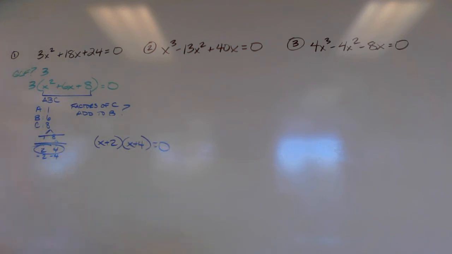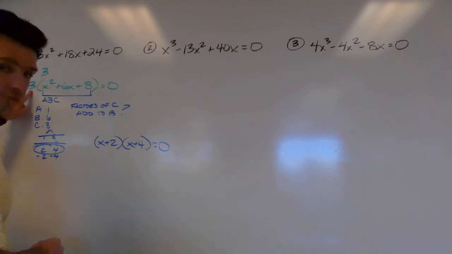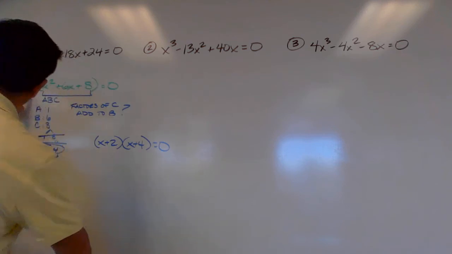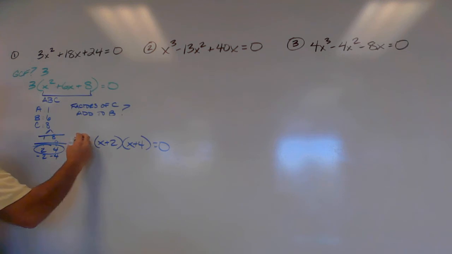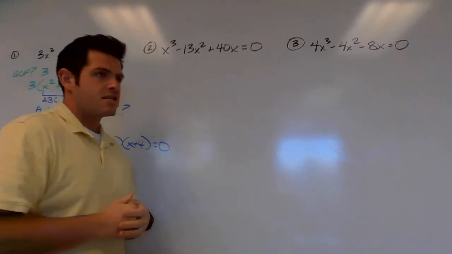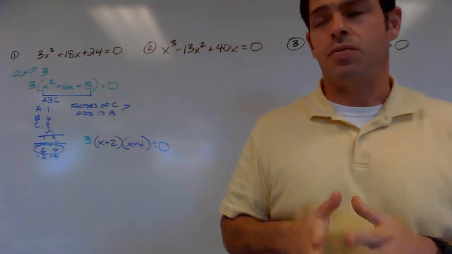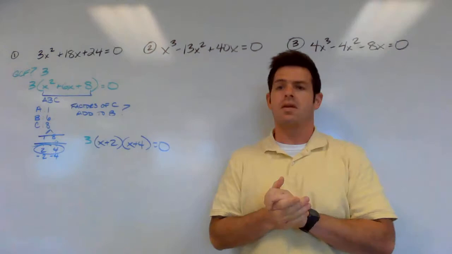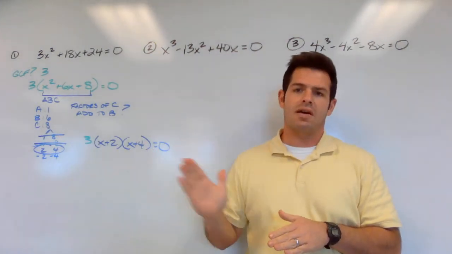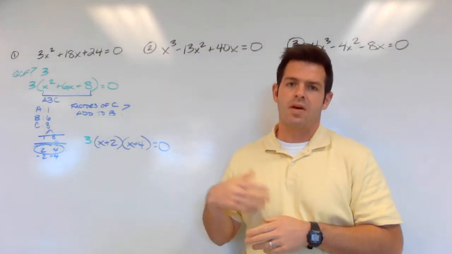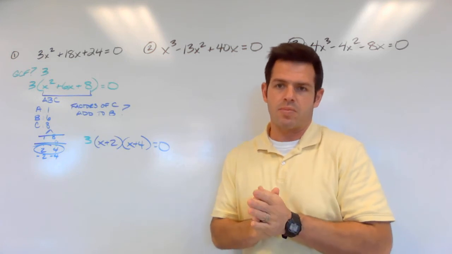But let's not forget the 3 in the front that was our GCF. Now it has been completely factored. We can again tell the difference here. It was in standard form. It now looks like it's in intercept form. We just got to apply that zero product property.